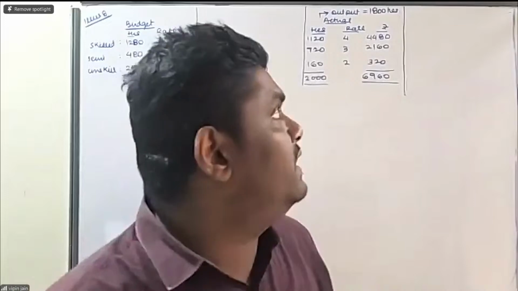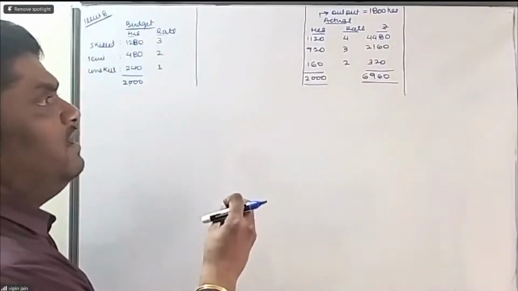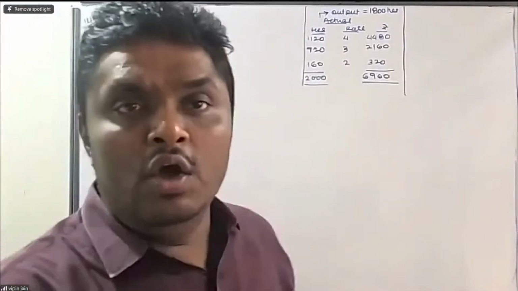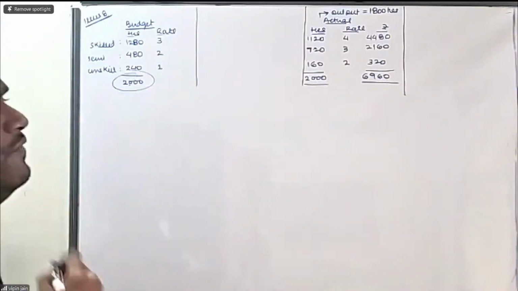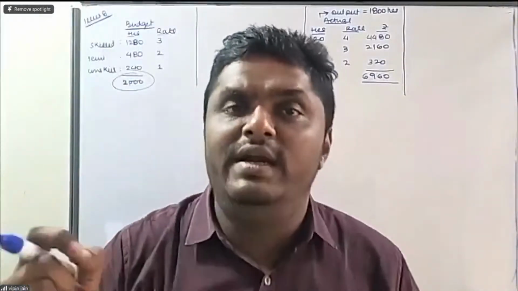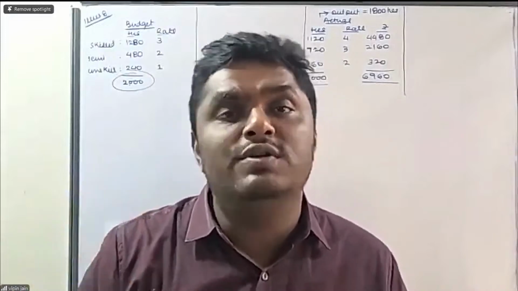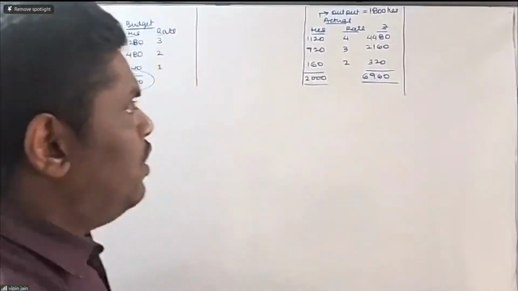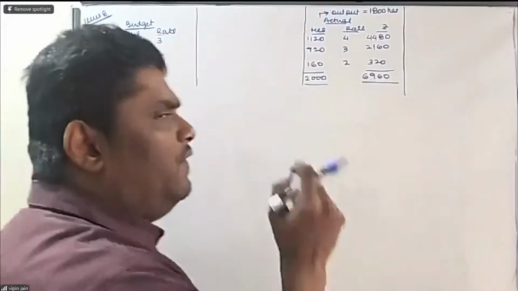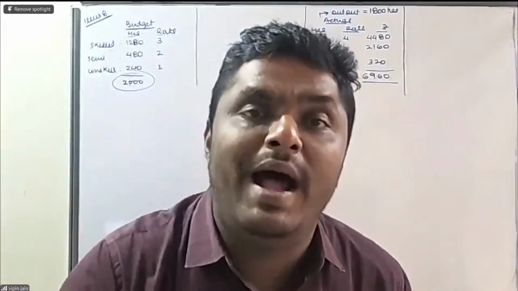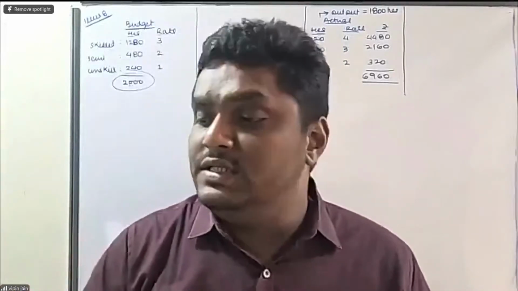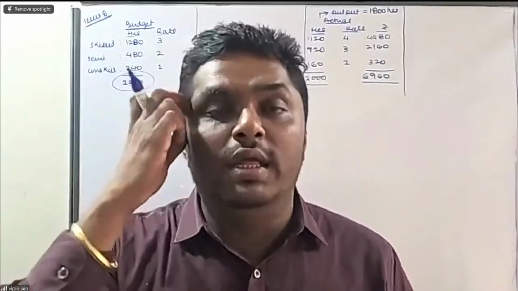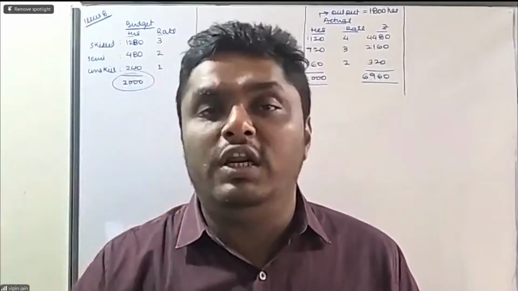So this budgeted data is given for 2000 hours of output. But when talking about actual data, even though we worked for 2000 hours, the output generated is only 1800 hours. So these two figures are not comparable.